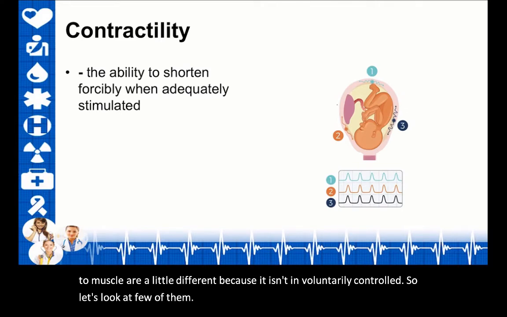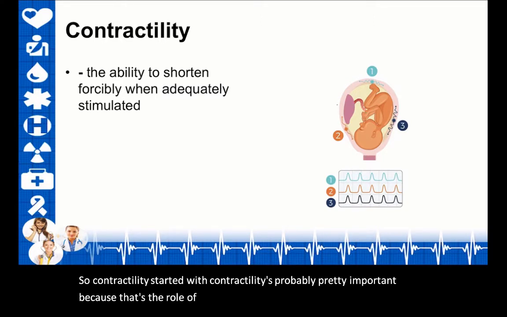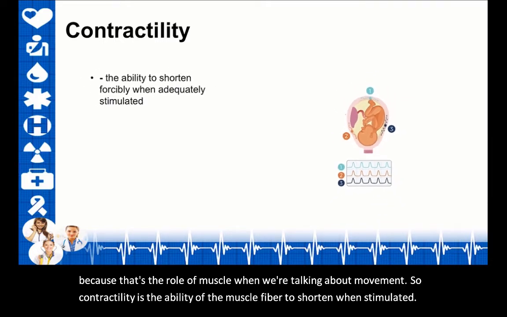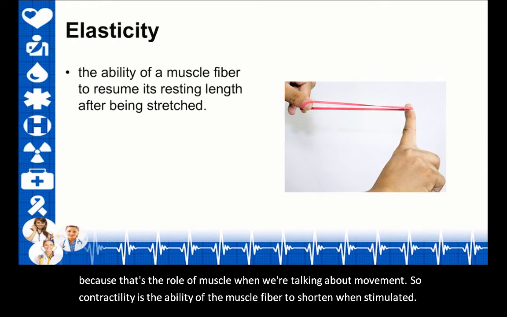So contractility. Starting with contractility is probably pretty important because that's the role of muscle when we're talking about movement. So contractility is the ability of the muscle fiber to shorten when stimulated. The next is elasticity.